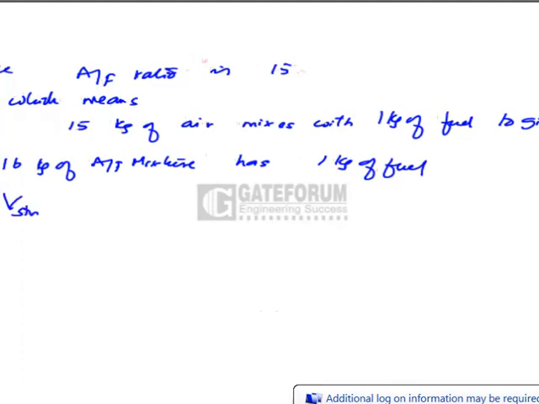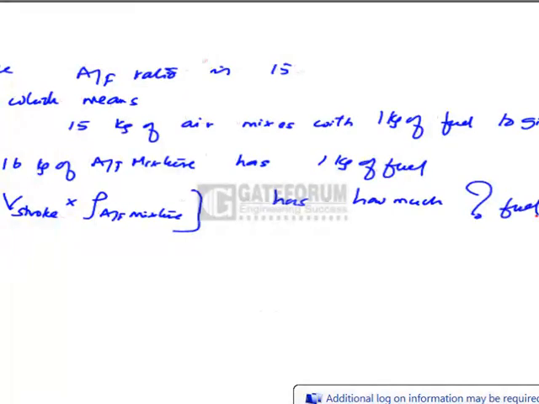Then V stroke into density of air fuel mixture, that is the mass of air fuel mixture that would fill the entire stroke volume, has how much fuel? That is equal to pi by 4 d square L, which is calculated earlier, into 1.12 divided by 16.